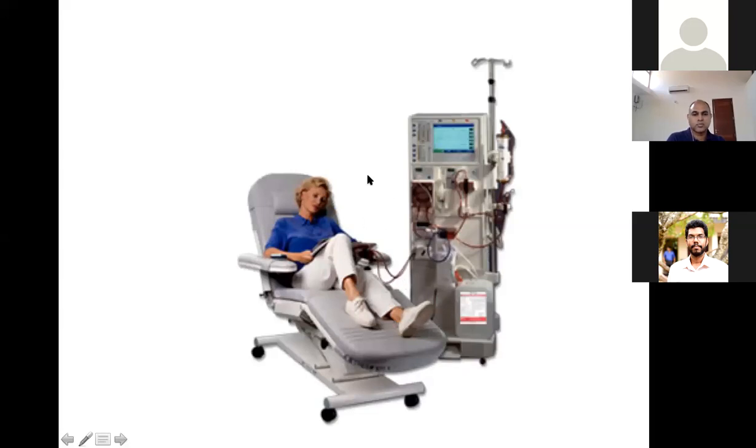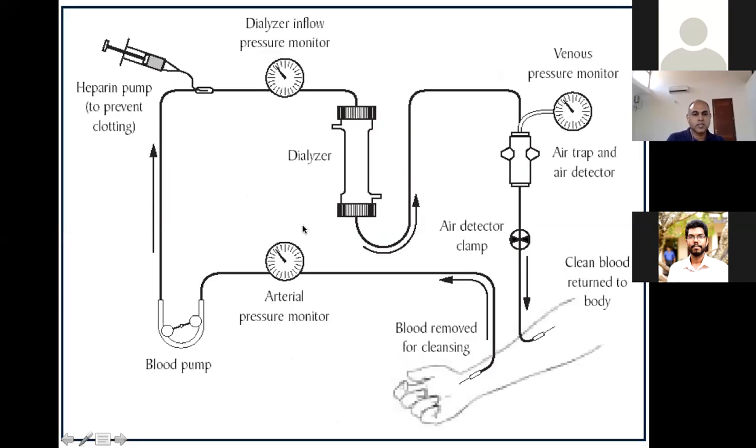This is the schematic representation of how dialysis works. There are two lines. One is called the arterial line, and one is called the venous line. The arterial line is the outflow line. The outflow line takes the blood from the patient and sends it across the blood pump, which generates the flow of the blood, and it runs to the dialyzer, where the dialysis solution goes the other way, using a counter current mechanism.